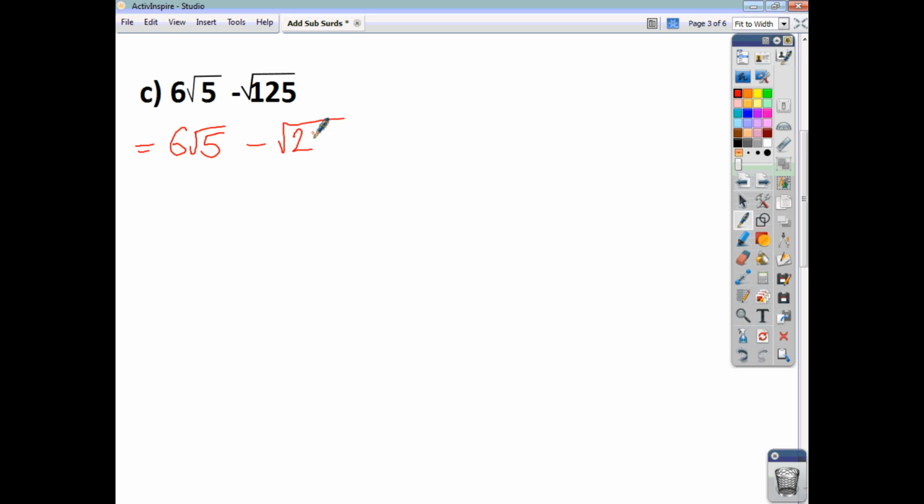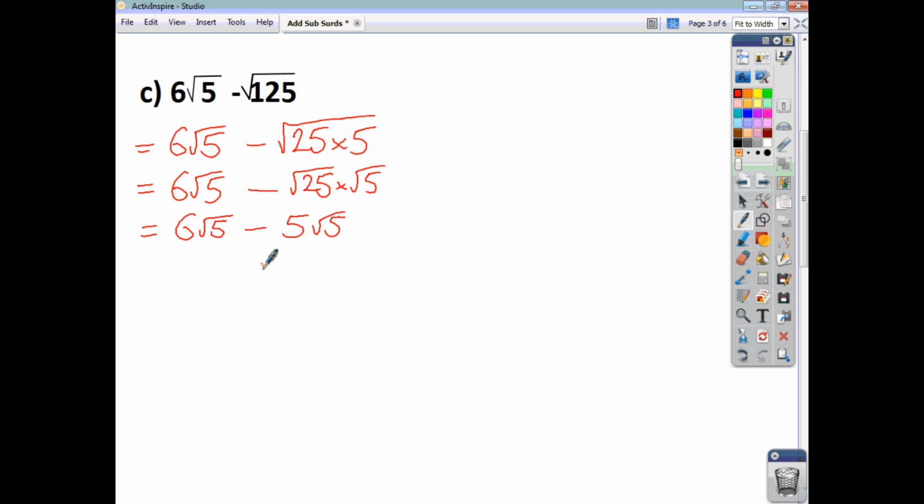Well, it's the same as 25 times 5, where 25 is a square number. So this breaks down to be root 25 times root 5, and root 25 is 5. So this gives me 6 root 5 minus 5 root 5, and that leaves you with 1 root 5, or just root 5. And that's how you would tackle that question.